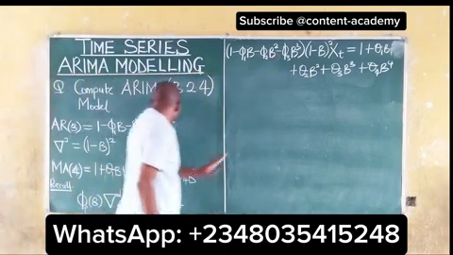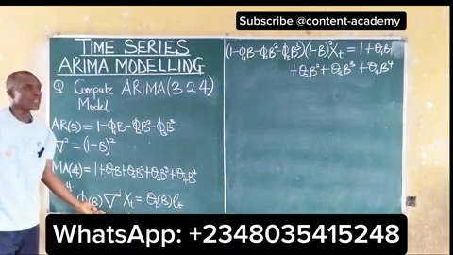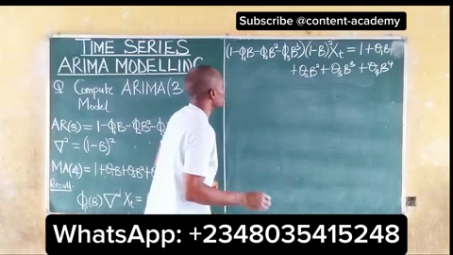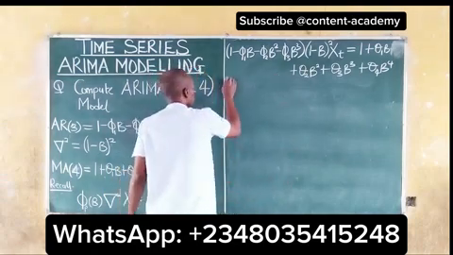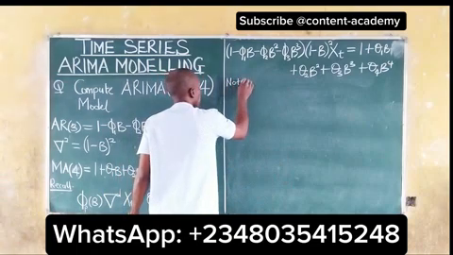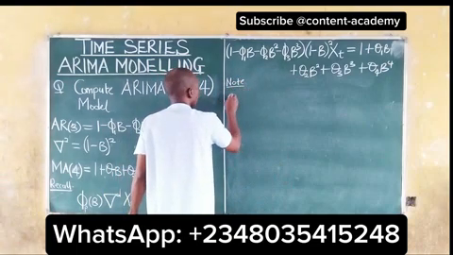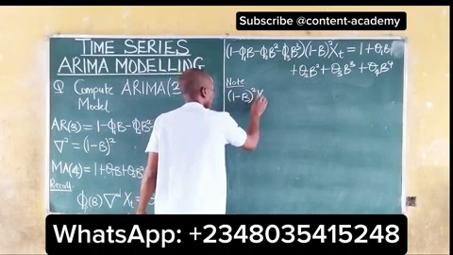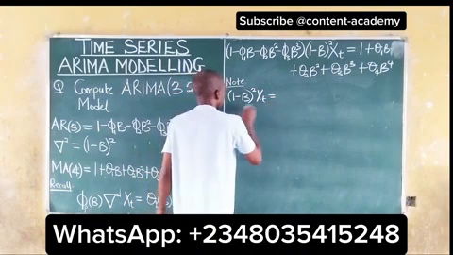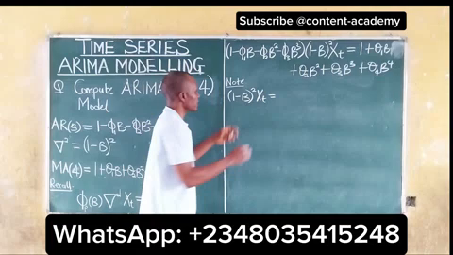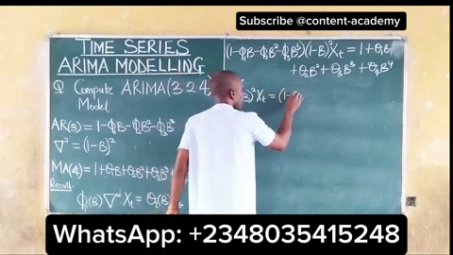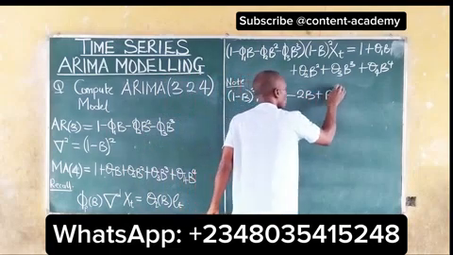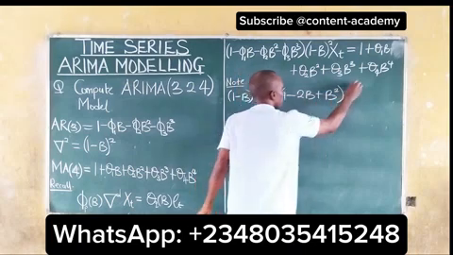If we can compare it with what we have here, we can still write this out properly so it will be very easy to see. We have to know that 1 minus B all squared Xt is equal to, for that multiplication, we can expand this to give us 1 minus 2B plus B squared, then multiply by Xt.